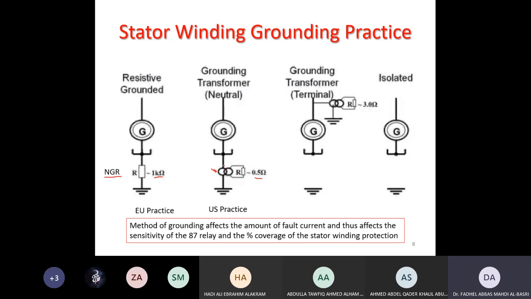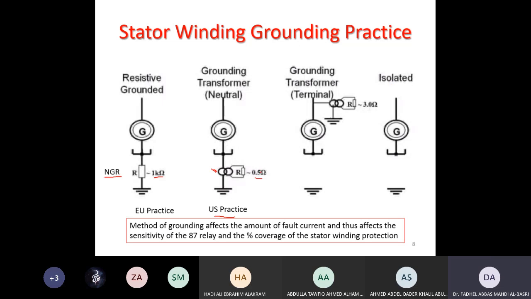So I'll have 5K ohm in this case. With a ratio of 100 to 1, this is equivalent to this. So this is the practice in the USA. Both are high impedance or high resistance grounding systems.